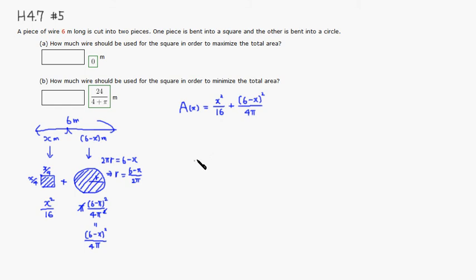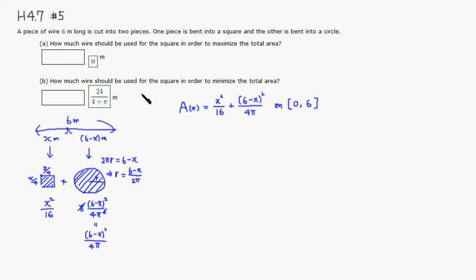Then x can start from 0, since you don't have to use any for the square, and go all the way up to, of course, 6. The entire wire is 6 meters.